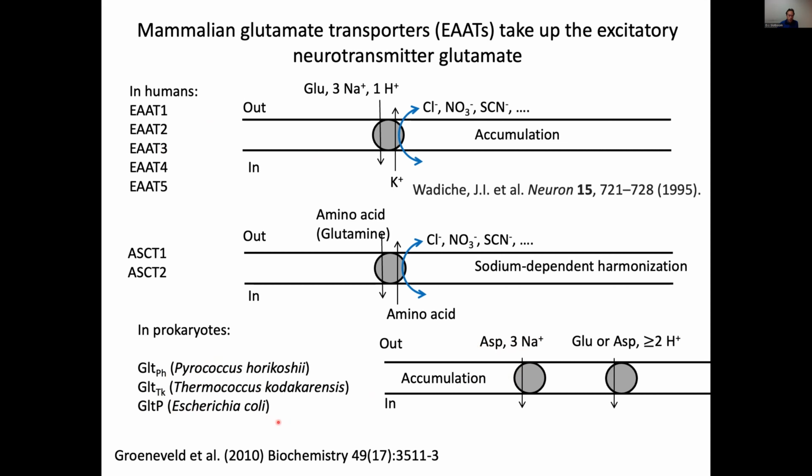Back in 2007, work from Joe Mindell and Renae Ryan already showed that GltPh, the upper one here, most likely also has this uncoupled anion channel activity. The experiments they did were fantastic, but they are very hard to reproduce in other transporters.